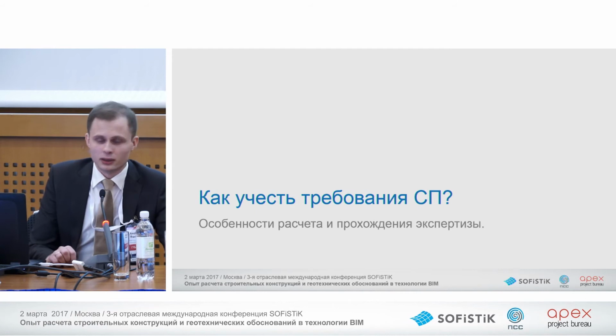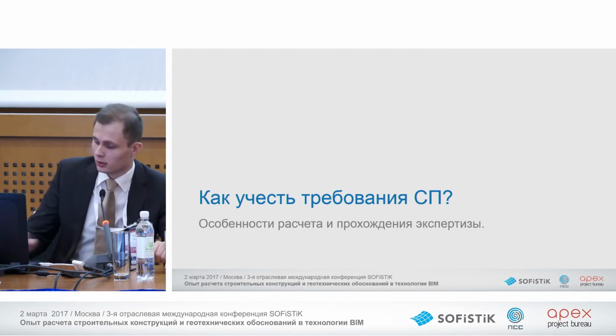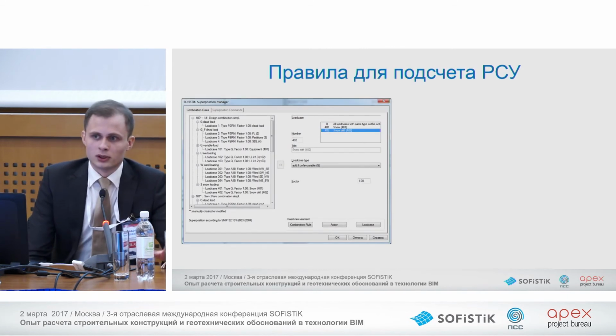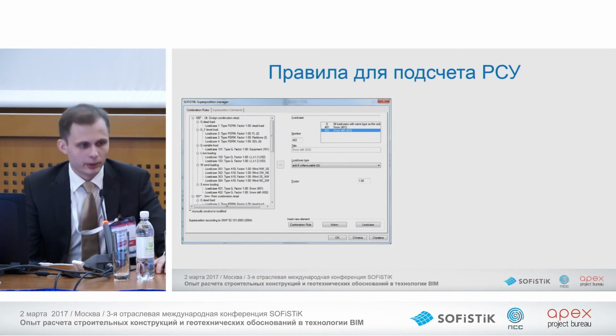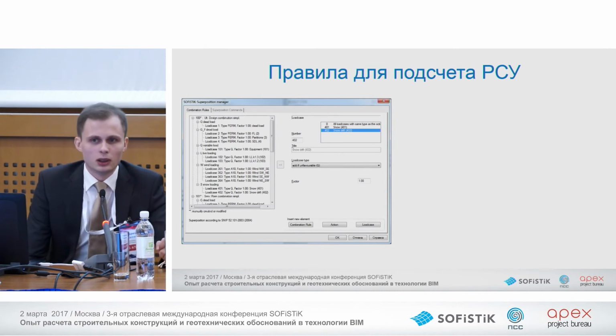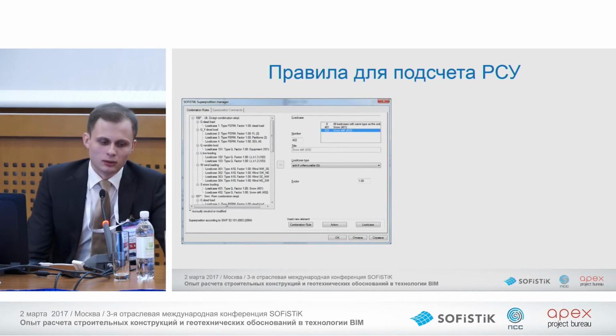Here I can tell you how to take into account local SP requirements by standard means. For example, RSU calculations, how to do it correctly in statics, to make SOFiSTIK comply with Russian requirements. Eliminate simple in group 1, group 2.